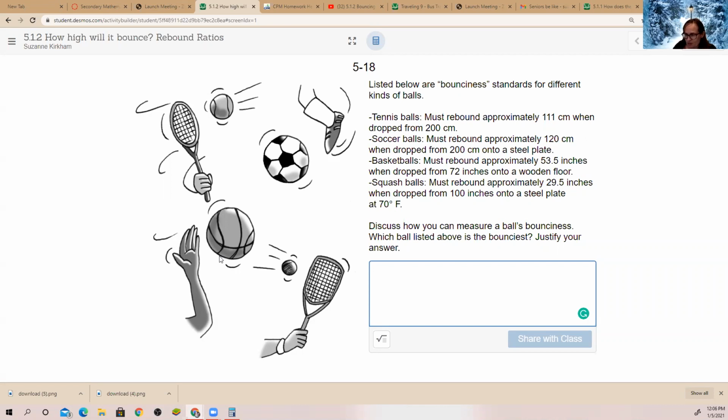What do you guys think? How could we measure the ball's bounciness from the information we've been given?